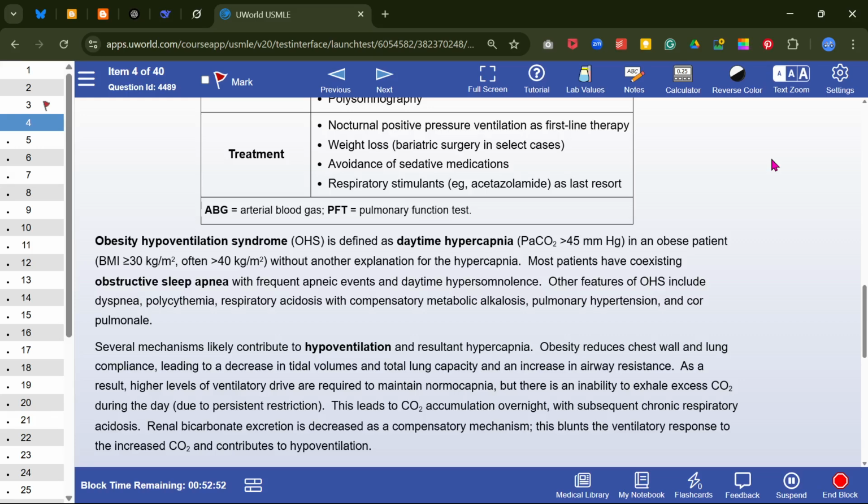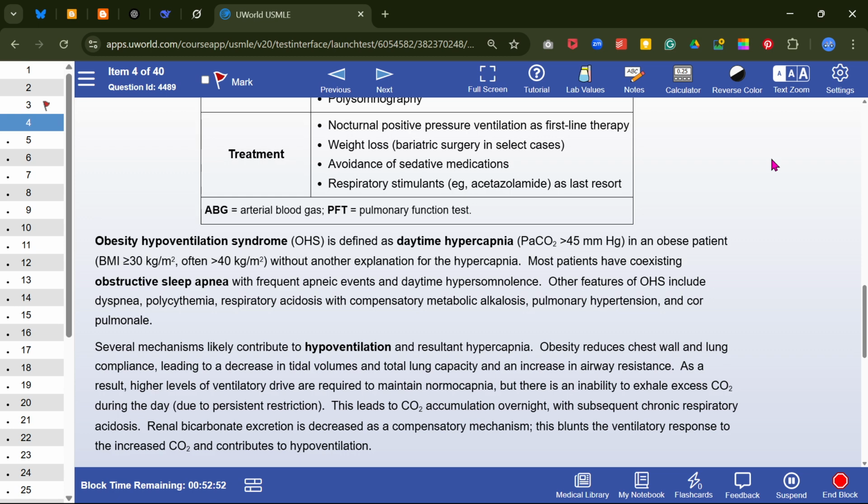As a result, higher levels of ventilatory drive are required to maintain normocapnia. But there is an inability to exhale excess carbon dioxide, resulting in higher levels of carbon dioxide during the day through persistent restriction. This leads to carbon dioxide accumulation overnight with subsequent chronic respiratory acidosis.